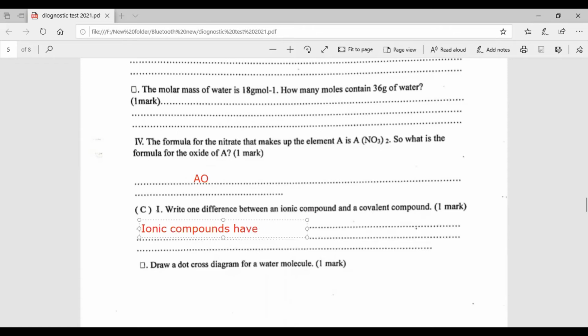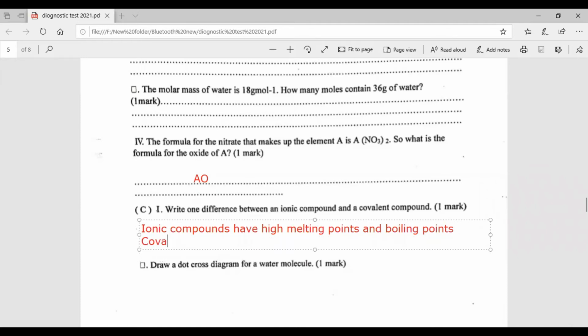Ionic compounds have high melting points and boiling points. Covalent compounds have low melting points and boiling points.